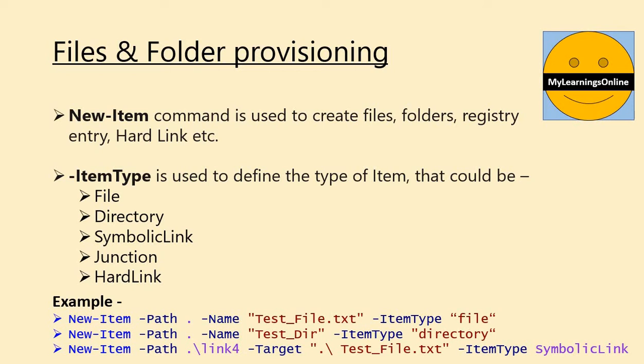In this example, in the first command, by defining ItemType as file, we are trying to create a text file with the name test_file.txt under the specified path, that is the current folder. In the second command, we are creating a directory by defining ItemType as directory. In the third command, we are creating a shortcut or symbolic link by defining ItemType as SymbolicLink.